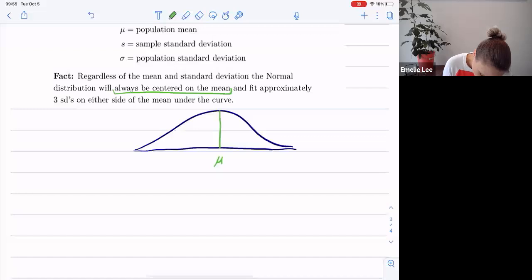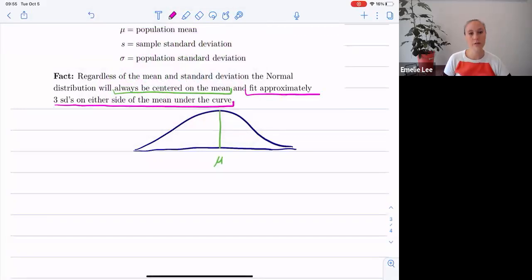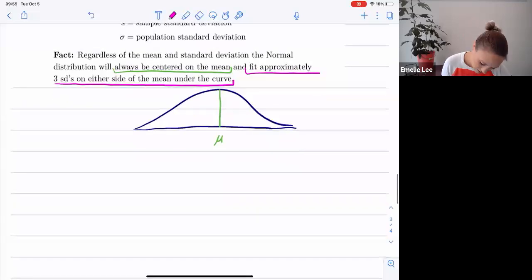I'll do it like this. So here, if I go out, mu plus sigma, mu plus 2 sigma, and then here mu plus 3 sigma. I can do the same thing on the other side.